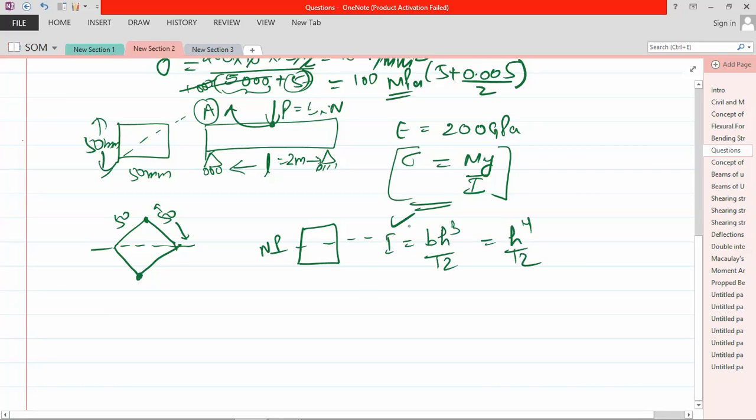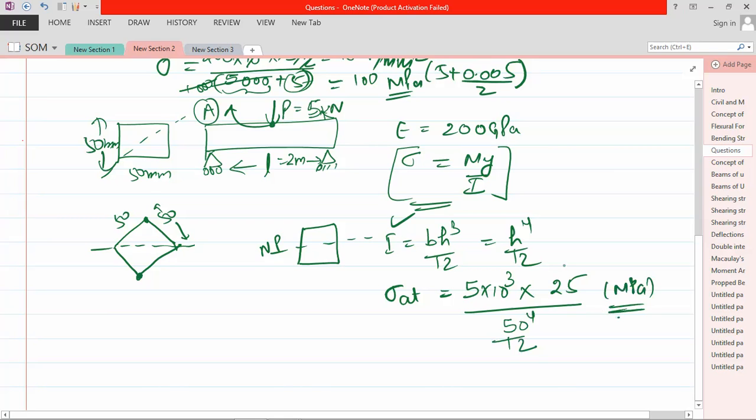Now you can simply obtain it for a square. Just write it: 5 into 10 to the power 5 Newton into y, which is 25, divided by I, which is 50 raised to the power 4 by 12. That is the value in megapascal.